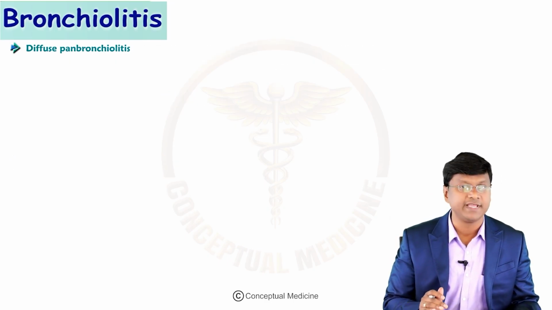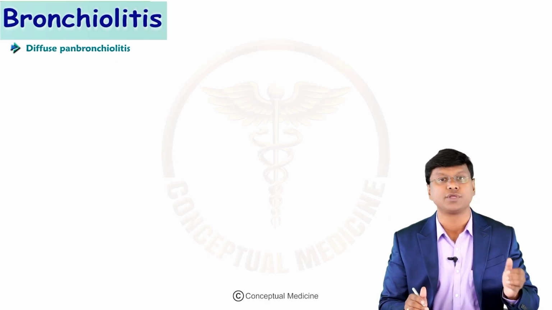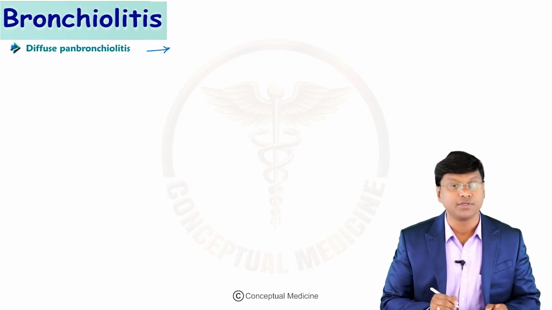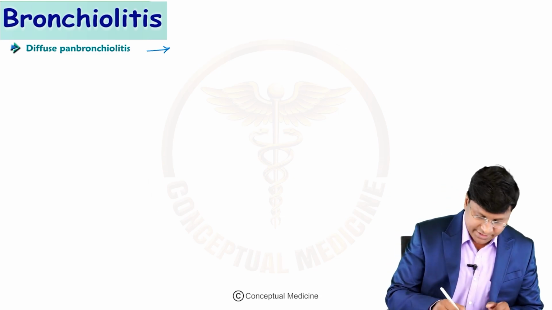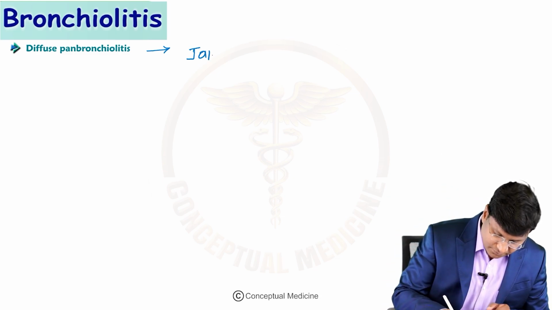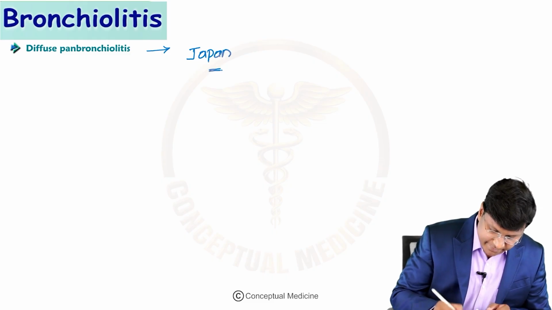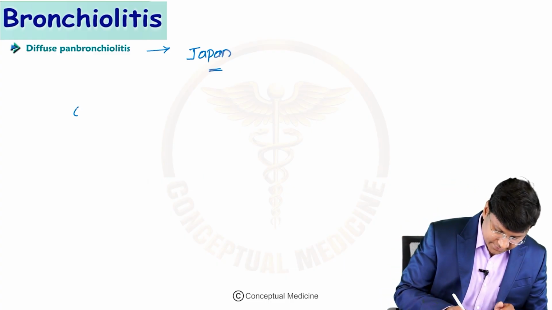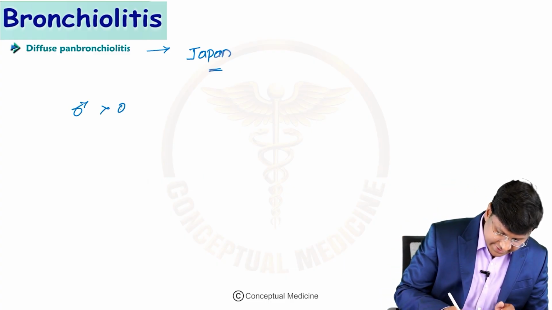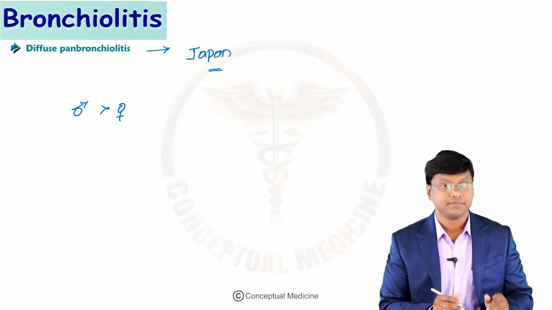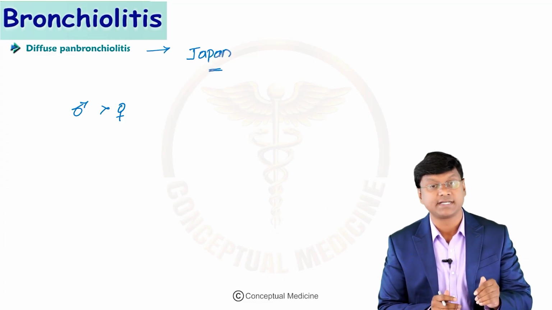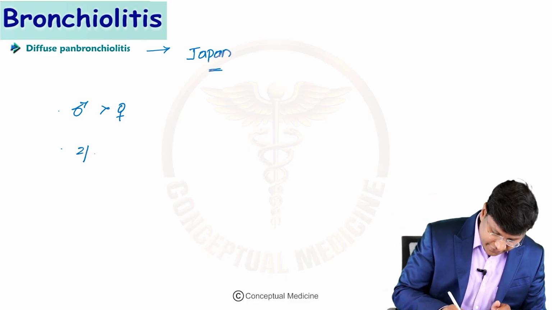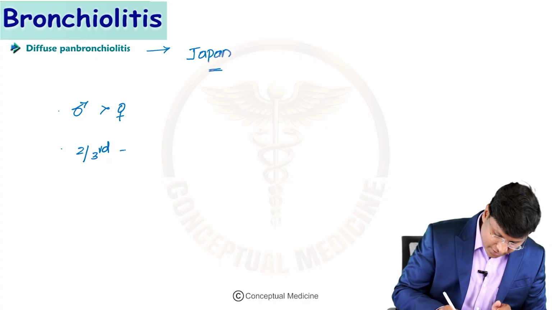And the last one we have is diffuse panbronchiolitis. This is the type of bronchiolitis most frequently diagnosed in Japan. Men are affected twice as often as women, and almost 2/3 of individuals are non-smokers.